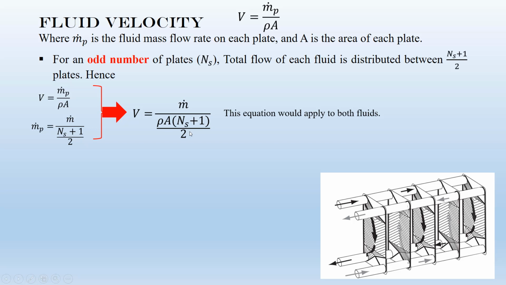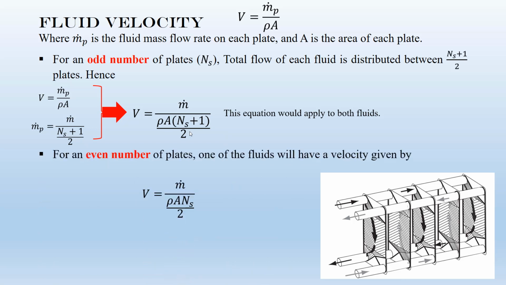What happens if we have an even number of plates? If you have an even number of plates, for example, assume that we have 4 plates here. So for the hot fluid, it flows over this one. This is 1, 2, and then the third one will be on the back side of the last one. So it's 3, correct?